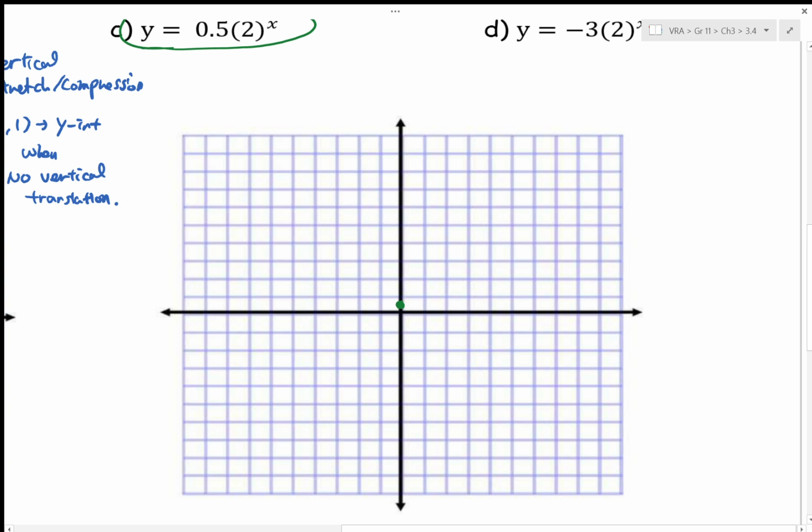Instead of being at (1, 2), which is the original point for y equals 2 to the power of x, it will be (1, 1). And then (2, 2) instead of (2, 4), because everything is now being halved. But you can see the graph is flattened compared to the red, which is just the regular 2 to the power of x.